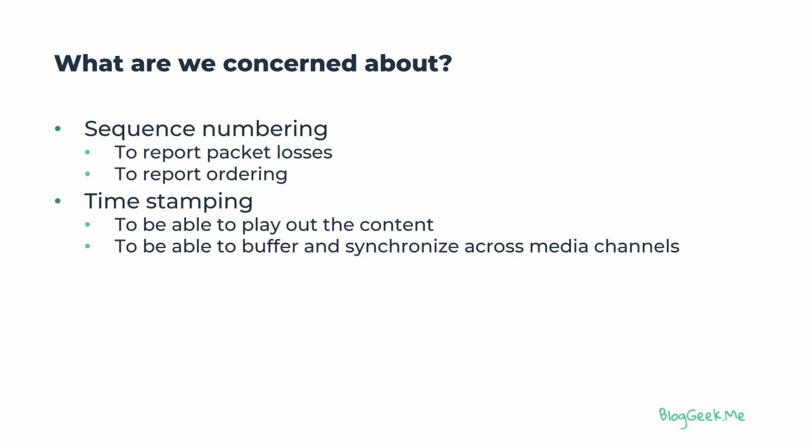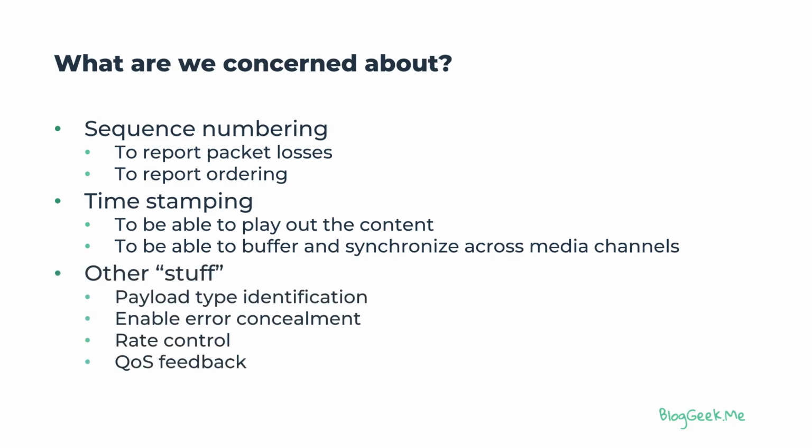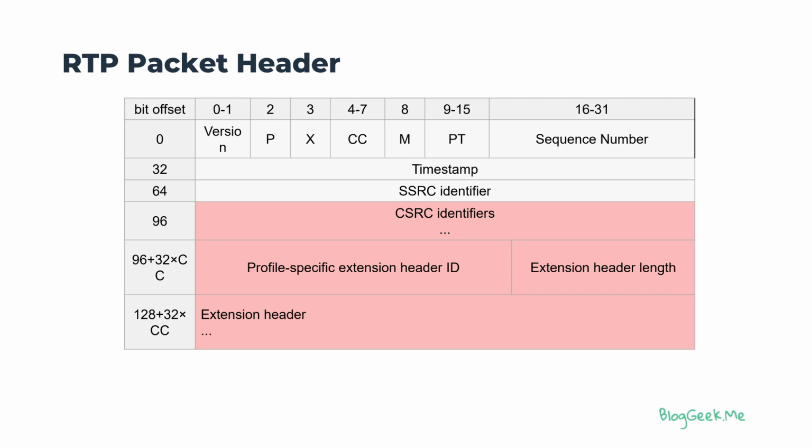We also use timestamping to buffer and to synchronize across media channels to do things like clip sync. We do a lot of other stuff as well. There's a payload type identification, which says what is being sent, error concealment, rate control, quality of service feedback, and a lot of other mechanisms that are built into the RTP header itself.